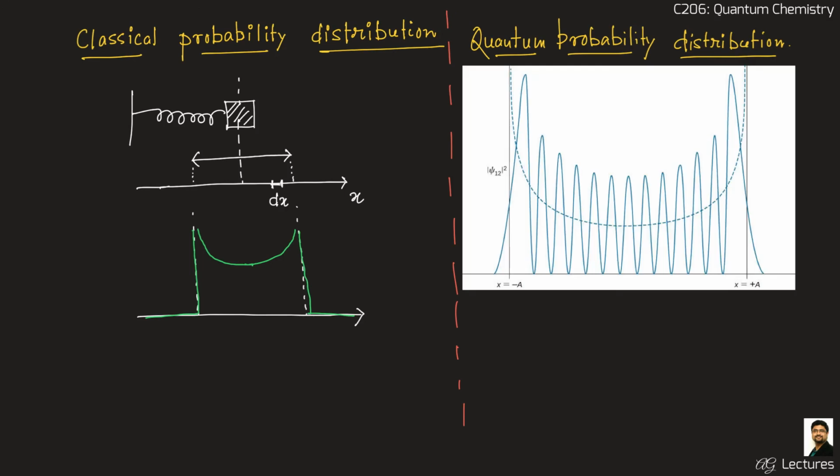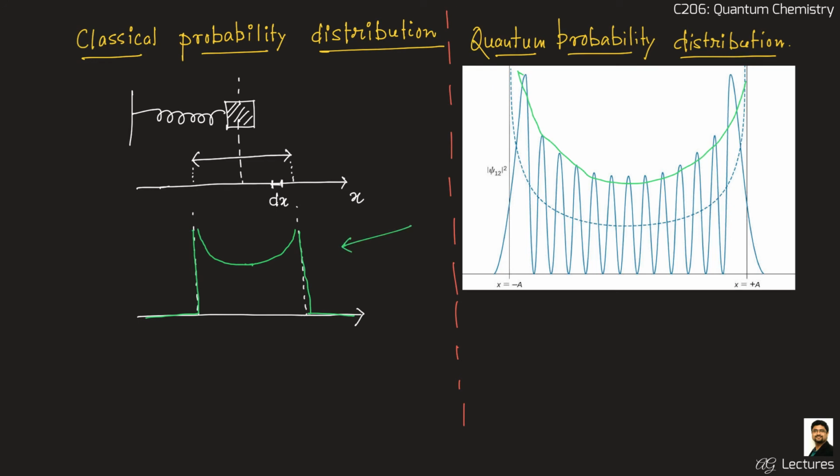So here is the probability distribution for n equals 12, psi 12 mod square, and this black line shows exactly the probability distribution for a classical one. This dotted line is the probability distribution for a classical particle, which I have also tried to draw here, more or less. And if you take the psi 12 mod square, it almost similarly mimics the classical distribution, a nice distribution like this, which is supposed to be exactly this one.